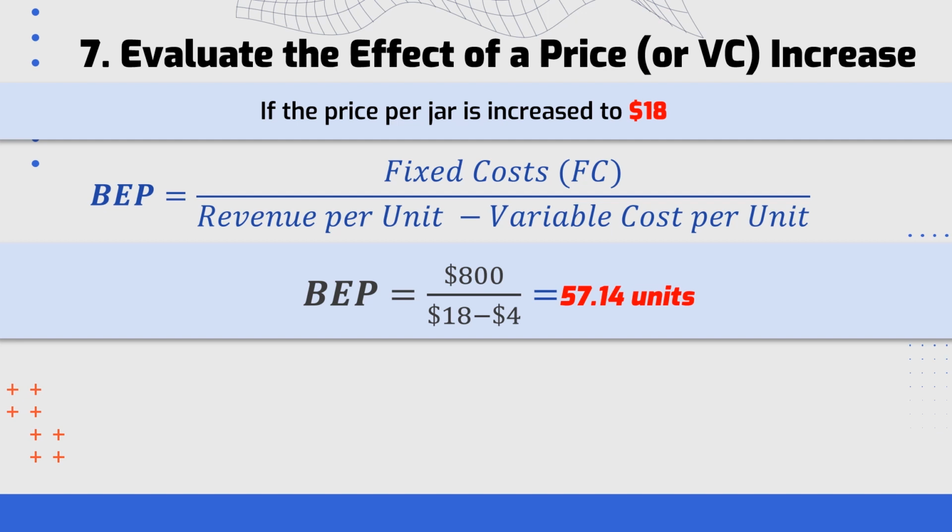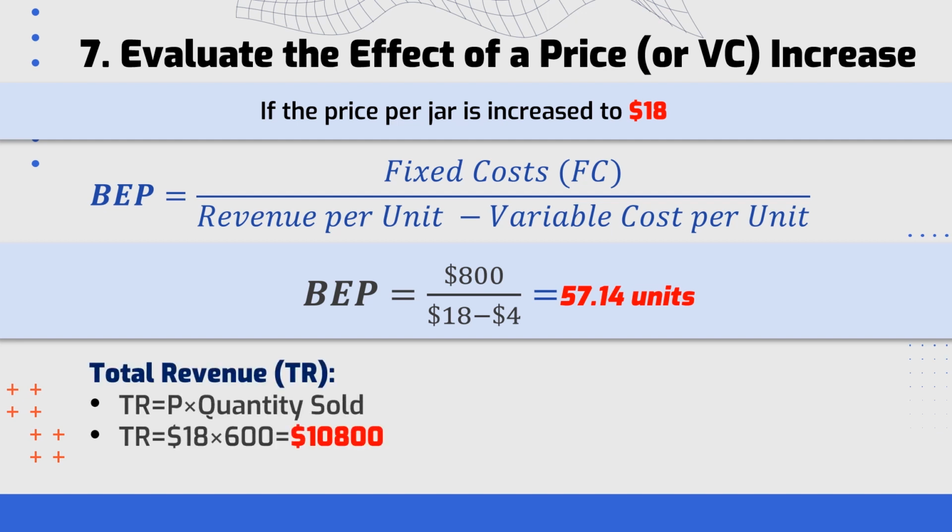We insert 18 instead of 15, which gives us 800 divided by 14, roughly 57 or 58 units. The interpretation is pretty easy: the company needs to sell approximately 58 jars to break even at the new price.